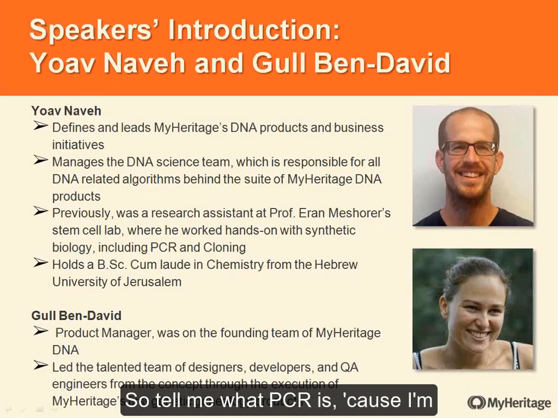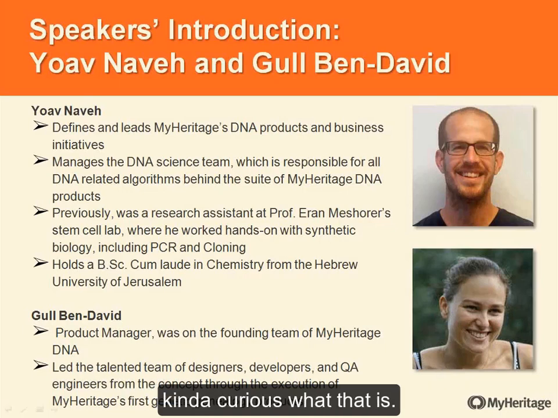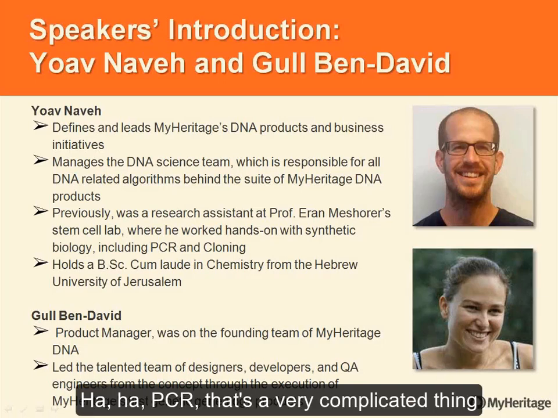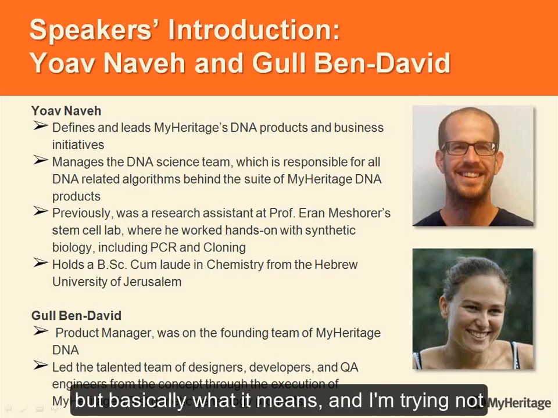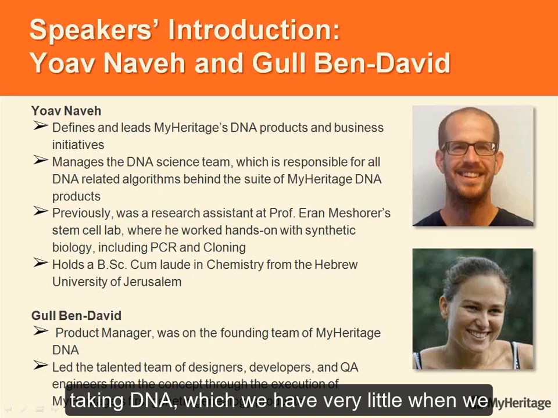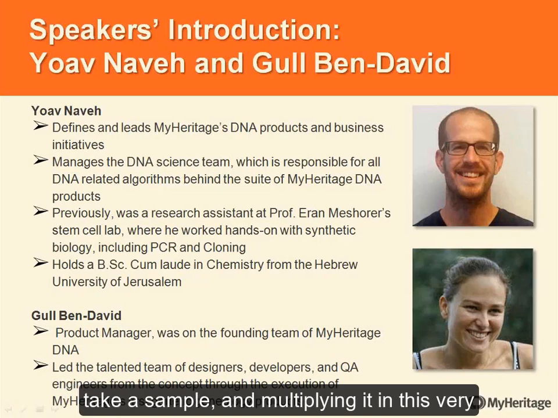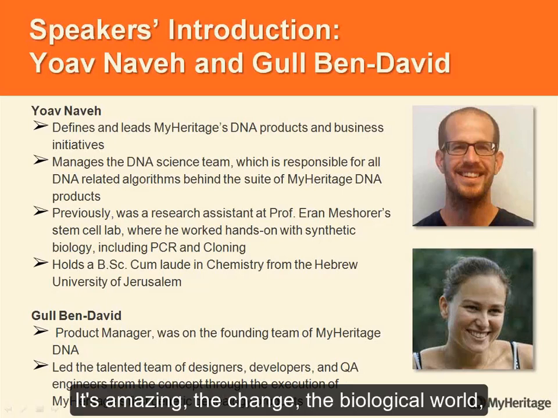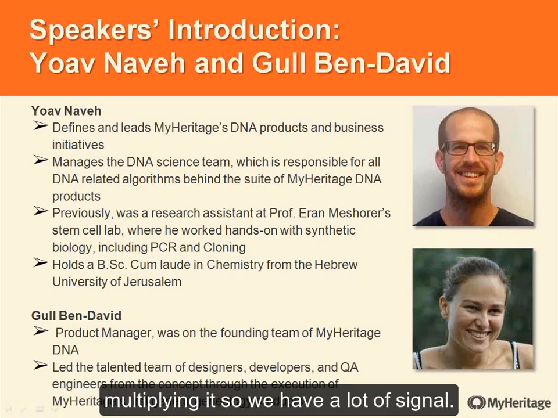So tell me what PCR is, because I'm kind of curious. PCR, that's a very complicated thing, but basically what it means, and I'm trying not to be too technical, is taking DNA, which we have very little of when we take a sample, and multiplying it in this very small machine that's amazing, that changed the biological world, so we have a lot of signal, so we have DNA that we can work with.